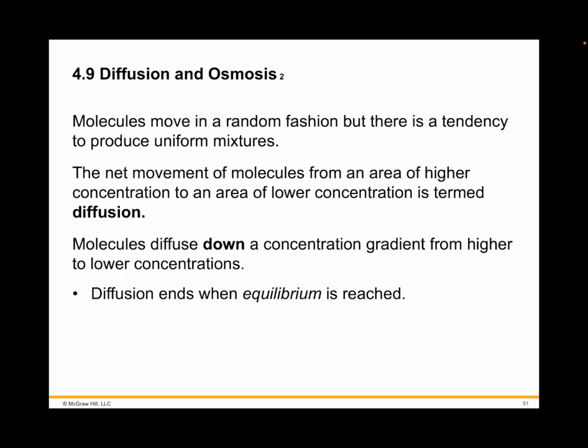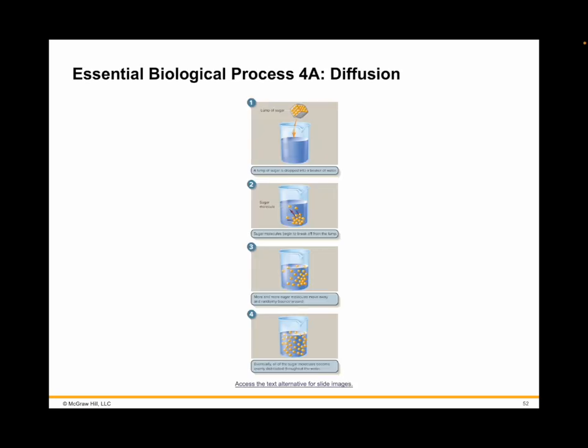And eventually the substance will achieve a state of equilibrium where there is no net movement toward any particular direction, as shown in panel 4 of the figure. So the individual molecules of the substance are still in motion, but there is no net change in direction.